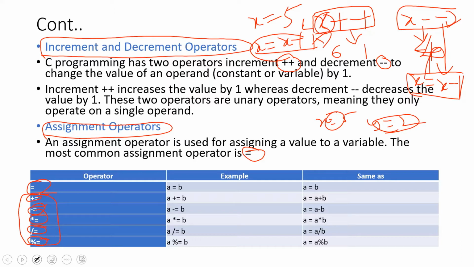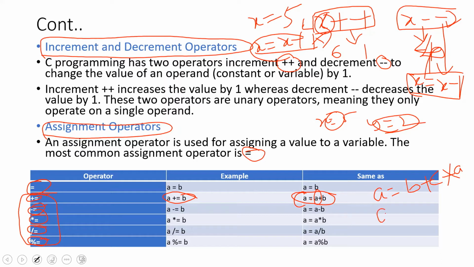For example, if we have a statement like a = a + b, then simply I can say a += b. But keep in mind that the left hand side and right hand side should both have the same variable. Then only you can use these assignment operators. If I have a = b + c * a, you can't do anything.